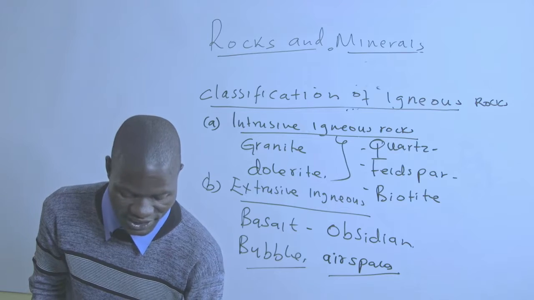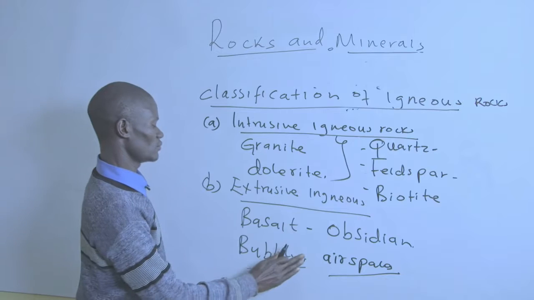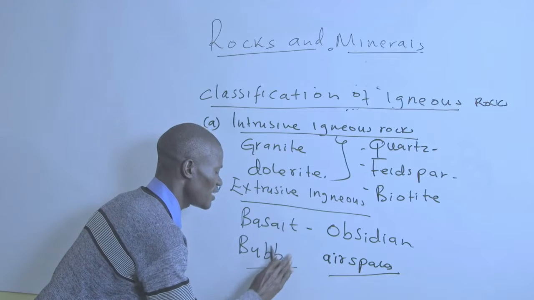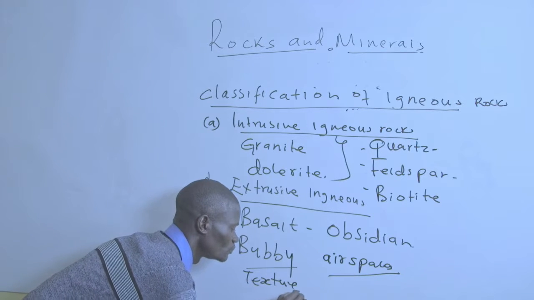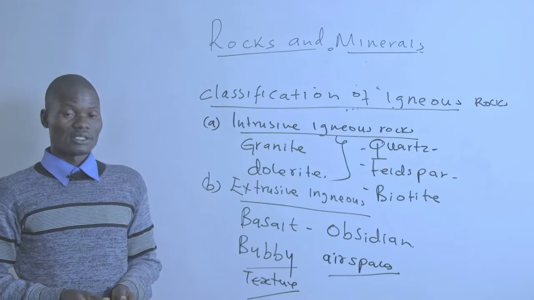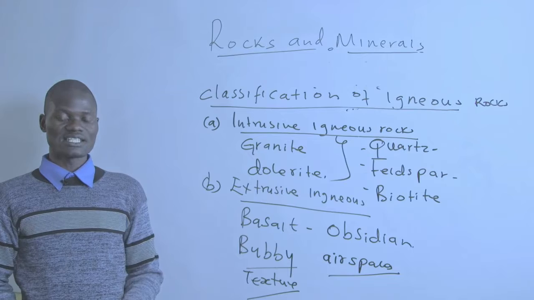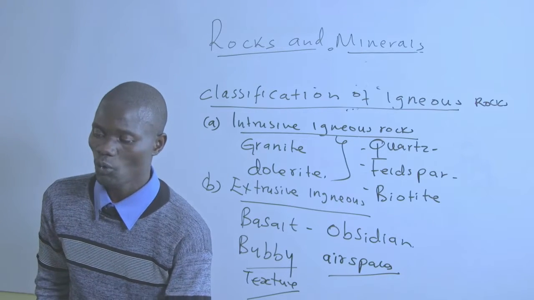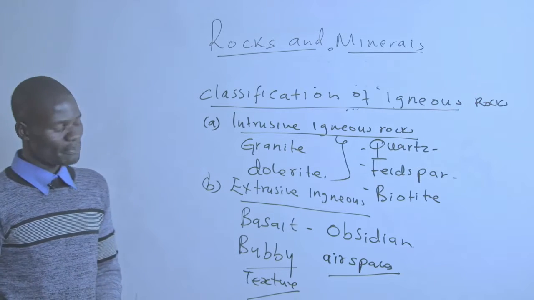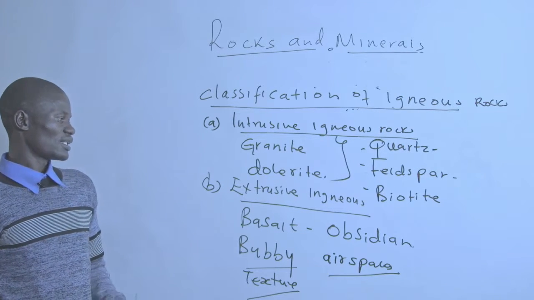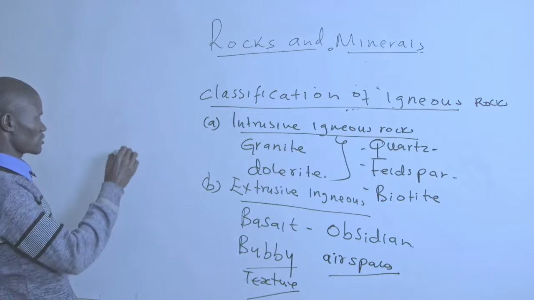Because this rock has a rough and bumpy texture, its texture is easily seen and clearly visible without even a microscope. Examples of these rocks, such as basalt and obsidian, include pumice.